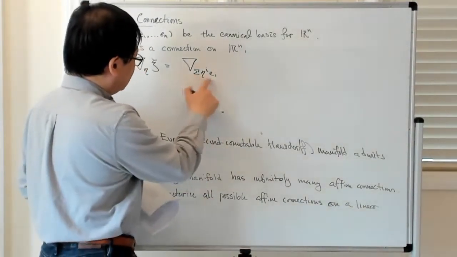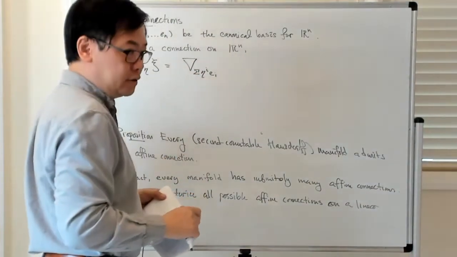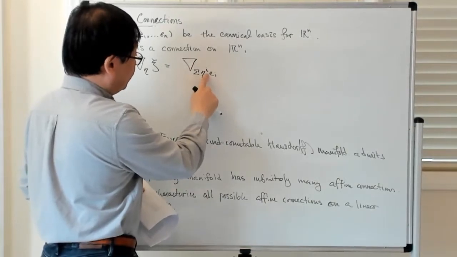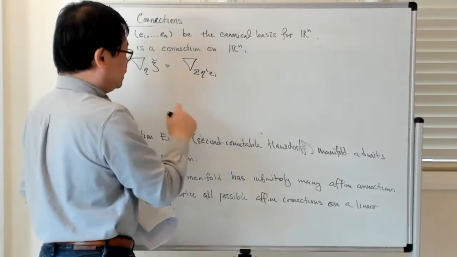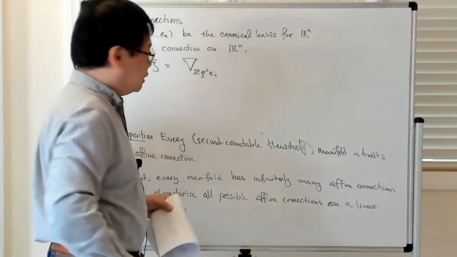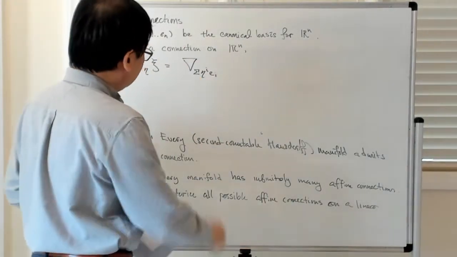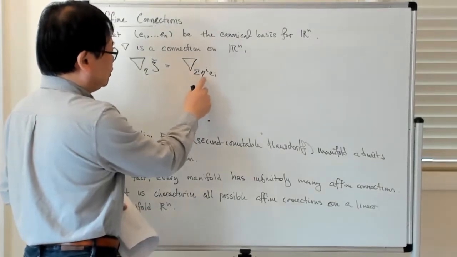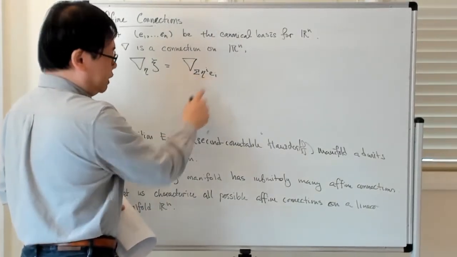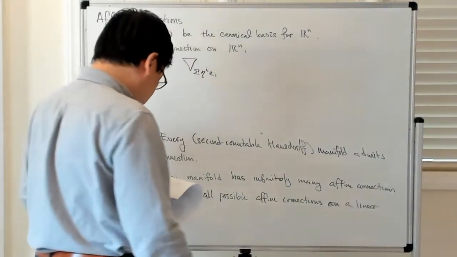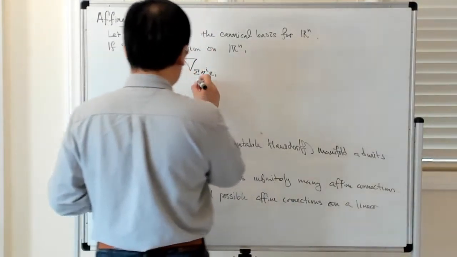Oftentimes you'll see these superscripts and subscripts, and there's what is known as the Einstein summation convention, where if you have a raised index and a lowered index like this with the same dummy variable, then there's an implicit sum. So oftentimes in the literature, instead of having the sum, you just have eta superscript i, e sub i, and there's an understanding that I'm summing over the i's. But right now I'm just going to do this explicitly.